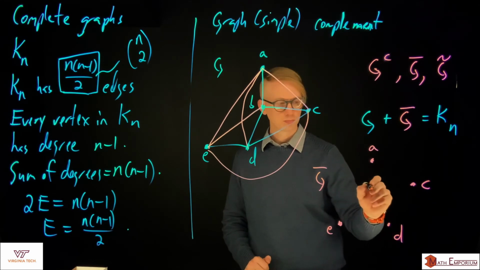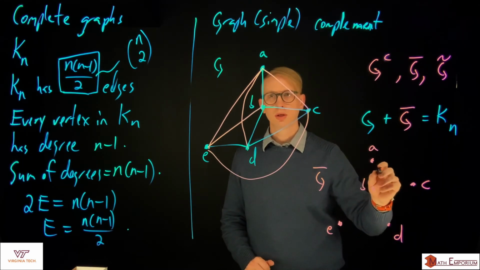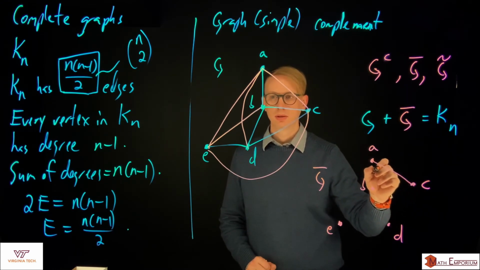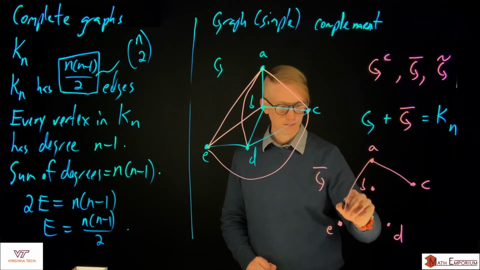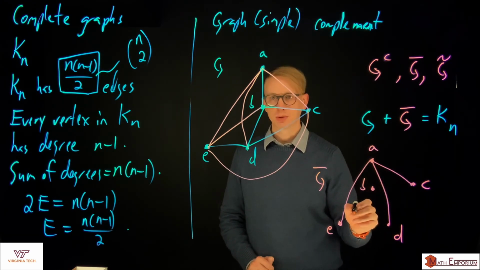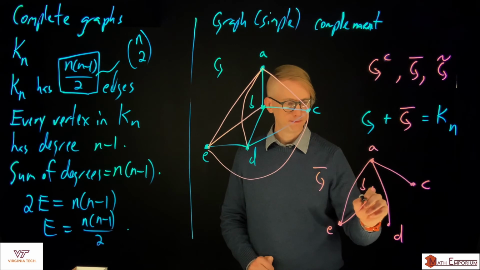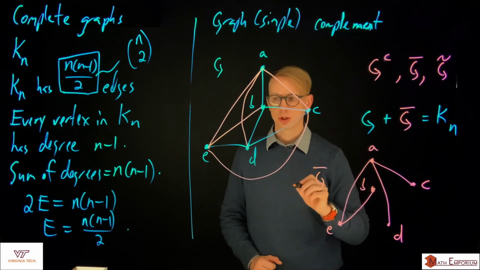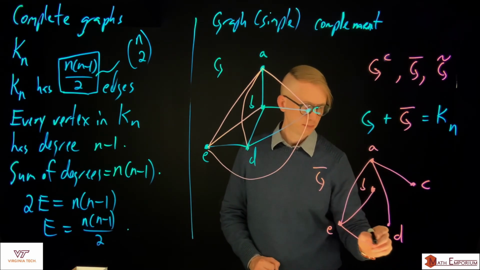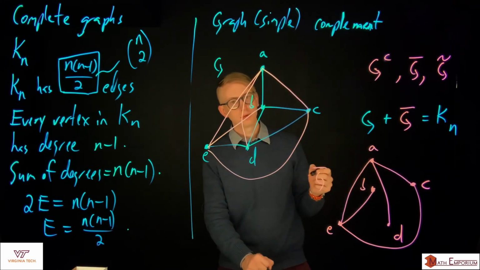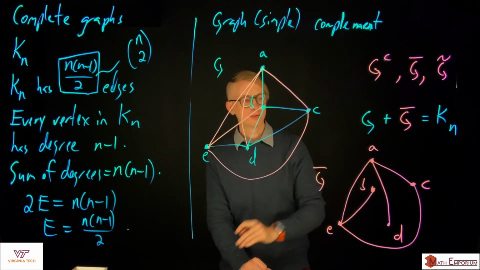D, B. See, A is connected to C, E and D. E is connected to B. What else am I missing? E is connected to C. I think that's it. Notice I crossed edges here, but I didn't cross them there.